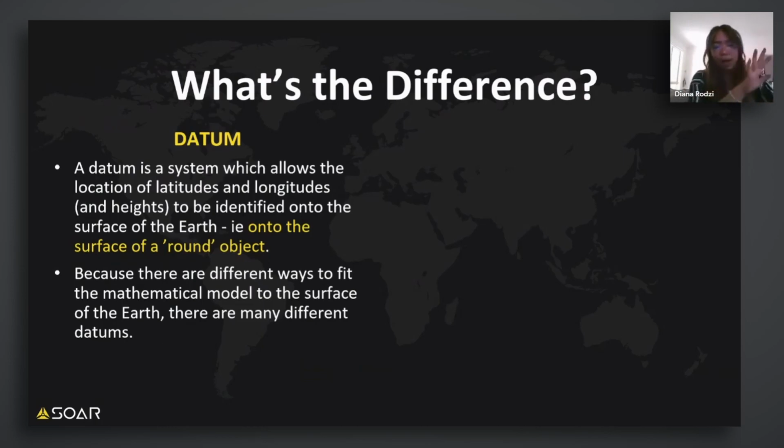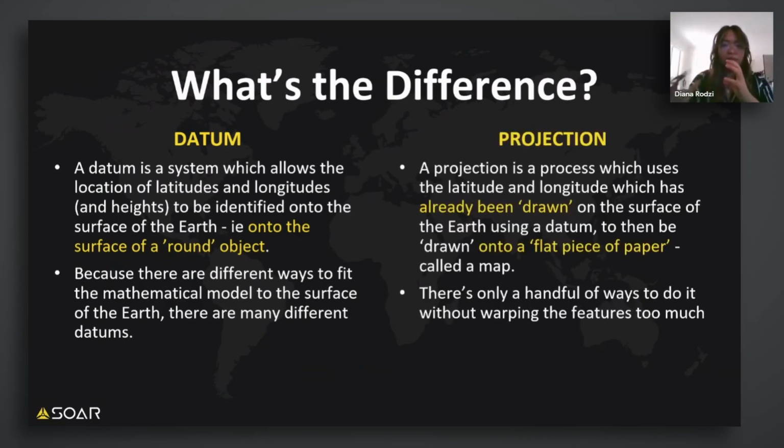So you've got a map and you're giving it latitude and longitude for something that is already round. So that's Earth. And once you've already given that location, then it's projected. So you've already got that map that is laid on a round object. Then you want to project it to become flat. So datum is giving it information on something round, and projection is taking that round thing and putting it on something flat.